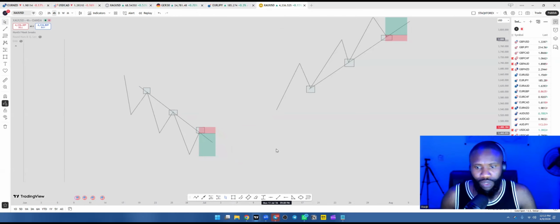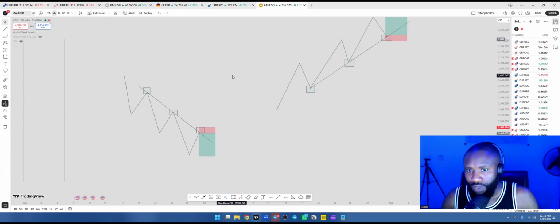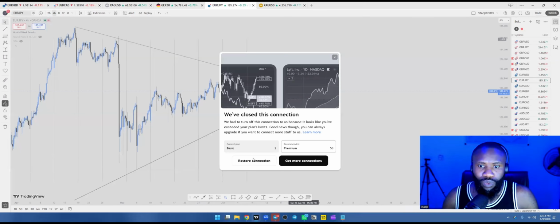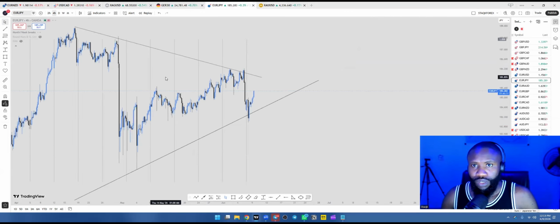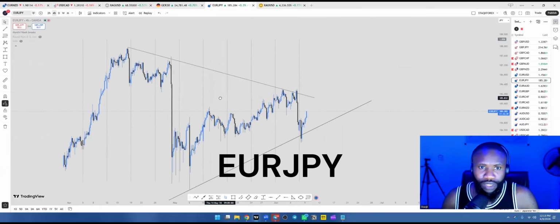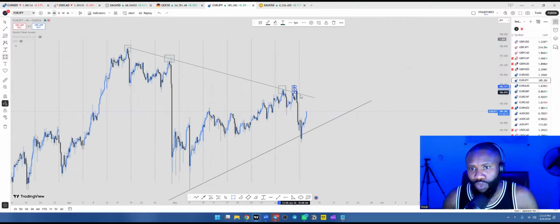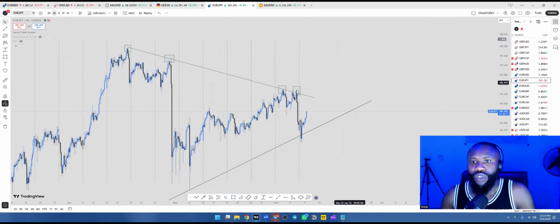All right. Let's go into the chart. Let me show you what I'm saying. We have the GBP pair here. This is a bearish trend line, this upper one. As you can see, we have first touch, second touch, third touch, and fourth.